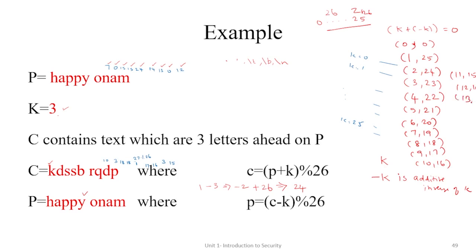For 13, the same number is its additive inverse. And for 14, 12 is there, it is already available as a pair, so it is not repeated. So totally 14 additive inverses are available in Z26.